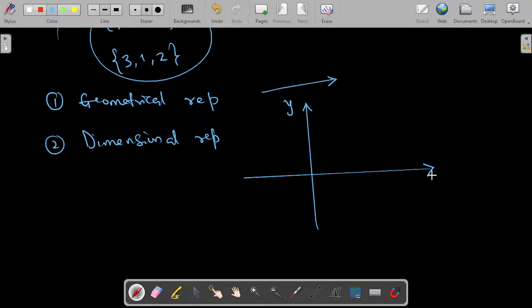So here is y and here is x. You know that your line segment can be represented on the Cartesian plane. It is actually the position of the vector on the Cartesian plane from the origin. So I can draw that particular vector like this.